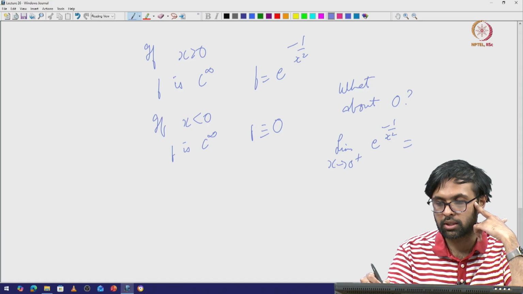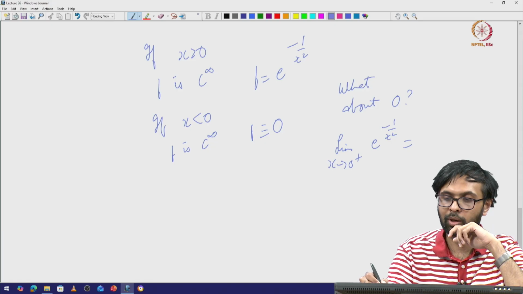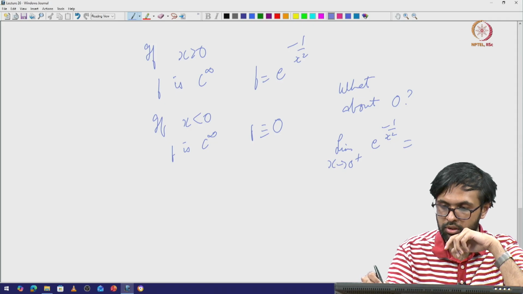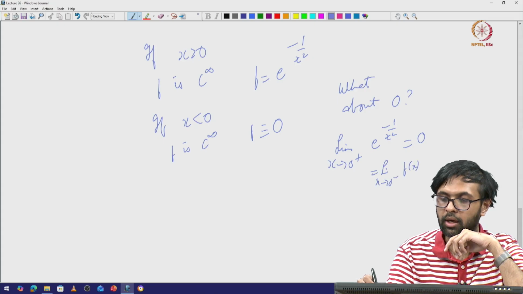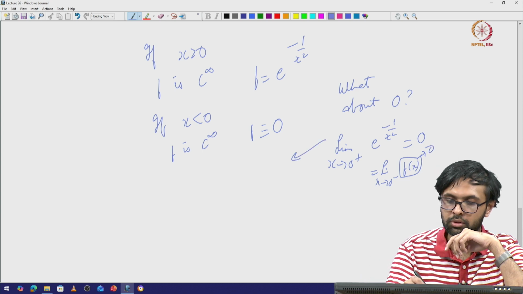As x goes to 0, 1 by x square goes to infinity, so it's e raised to minus infinity essentially, so this is 0. This is of course the same as the limit as x goes to 0 minus of f of x, because this is identically 0 anyway. So it is continuous, no doubt about that. Yeah?